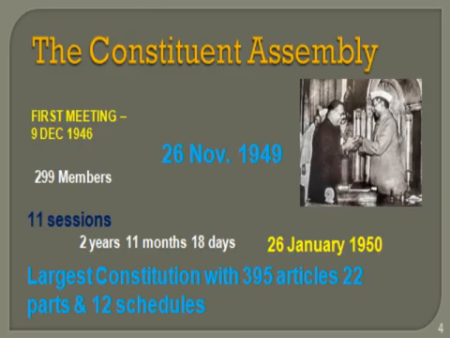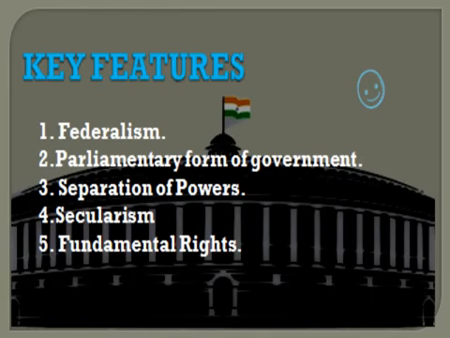So it was passed on 26 November 1946 and legally it was enforced on 26 January 1950. The Constitution of India is the largest constitution in the world with 395 articles, 22 parts and 12 schedules. It declares India as a sovereign, secular, socialist, democratic republic.